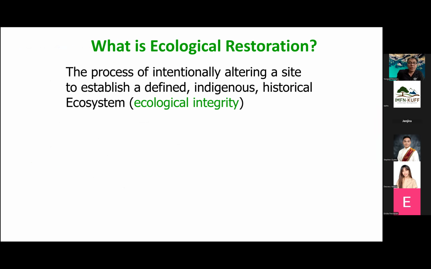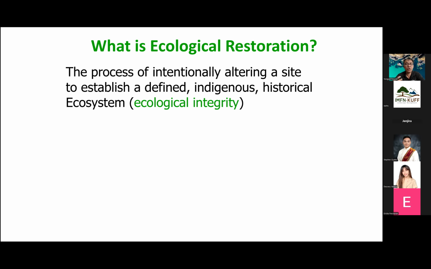So I would like to start with the main mechanism for land improvement in the forest area in the national forest. So what is the meaning of ecological restoration? Ecological restoration is defined as the process of intentionally altering a site to establish a defined indigenous or historical ecosystem.